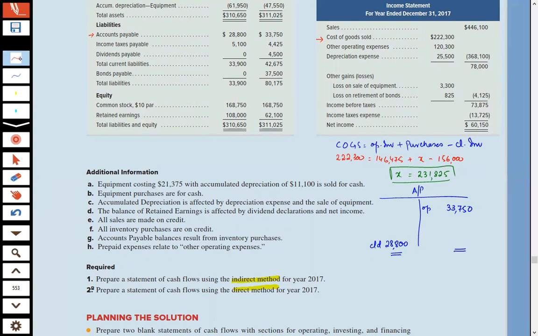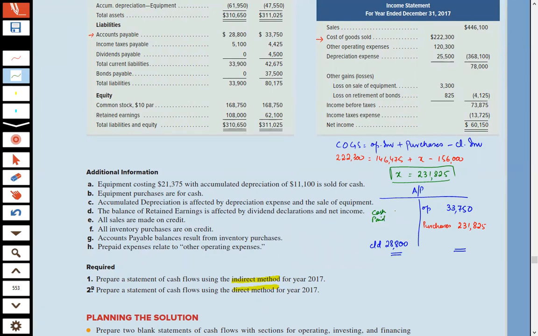Now, if we look at the amount of purchases, purchases are debited and accounts payable are credited. So the accounts payable T account will be credited with the amount of purchases, that is 231,825. And the remaining part of the T account reflects the cash paid to the suppliers for the purchases.